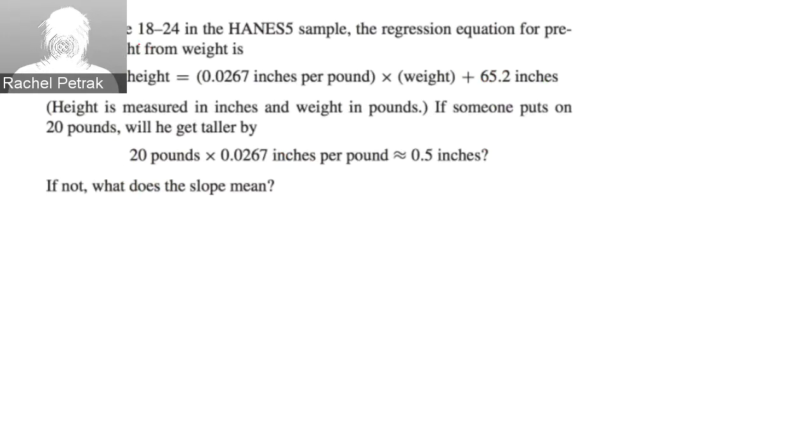In our next problem, we've got men aged 18 to 24 in the Haynes 5 sample, and the regression equation for predicting height from weight is laid out here. We've got our predicted height is equal to the intercept plus the slope times our x variable. Remember, we get y, x, a, and b.